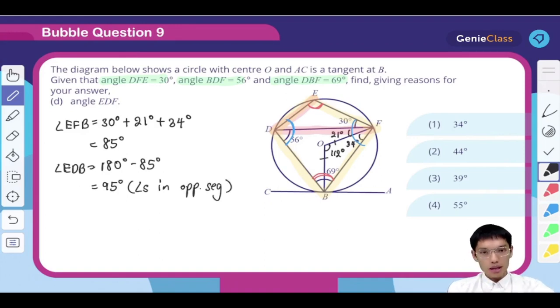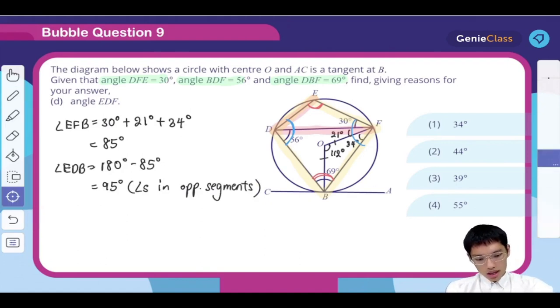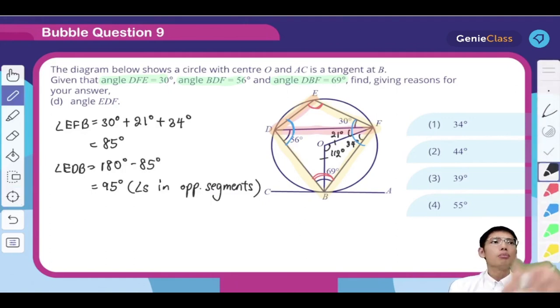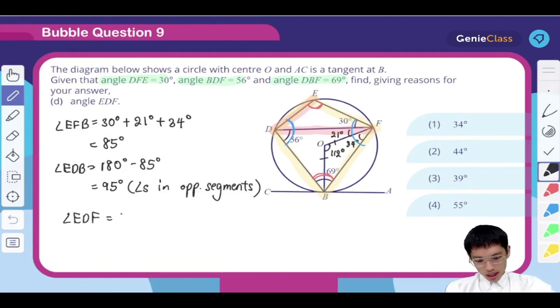That's the name that you should write down. Angles in opposite segments. Then finally, since this is 95, we can move further and solve for angle EDF. It's just EDB minus 56, 95 minus 56. This is equal to 39 degrees, and henceforth my answer is number 3.